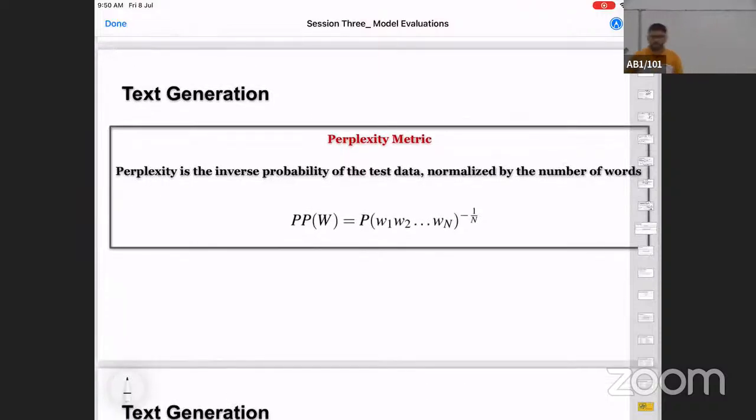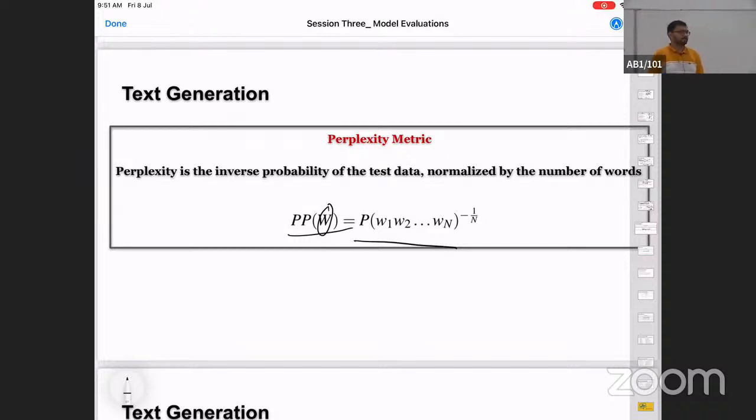So the perplexity of a generated sentence W, where W is some sentence. A sentence can be defined as a sequence of words, right? I want to compute the perplexity of W. The way I have defined it, it is the inverse of the probability of that entire sentence.